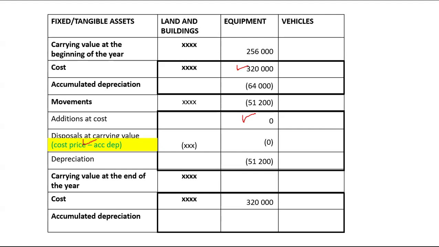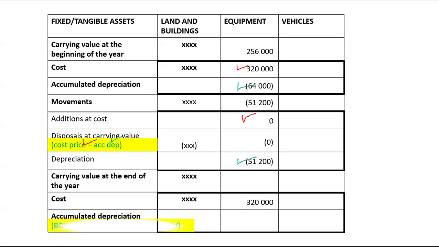Accumulated depreciation, though, will be 64,000 plus 51,200 minus accumulated depreciation of the asset sold, which is 0.